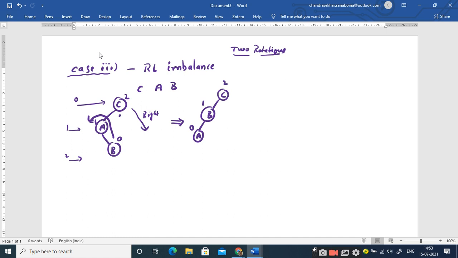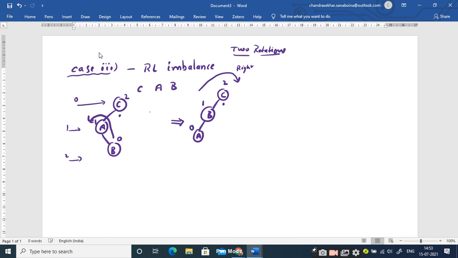Now where is the imbalance happening here? At C. So to which direction does it have the slope? Towards its left hand side. So what you have to do is give the right rotation, in the opposite direction, which is right.